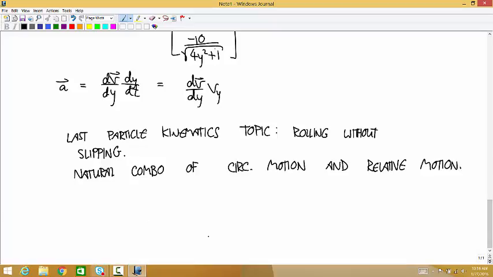Okay, so say that you have an object rolling. If it's not slipping, you can think of three defining properties of rolling without slipping.